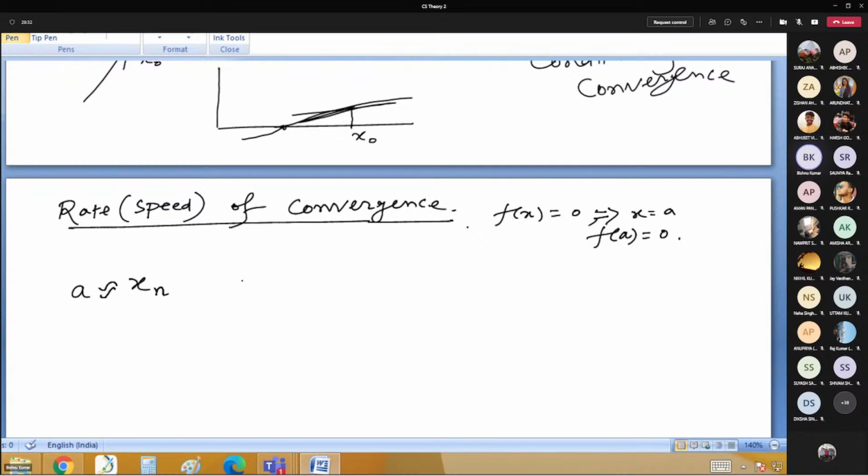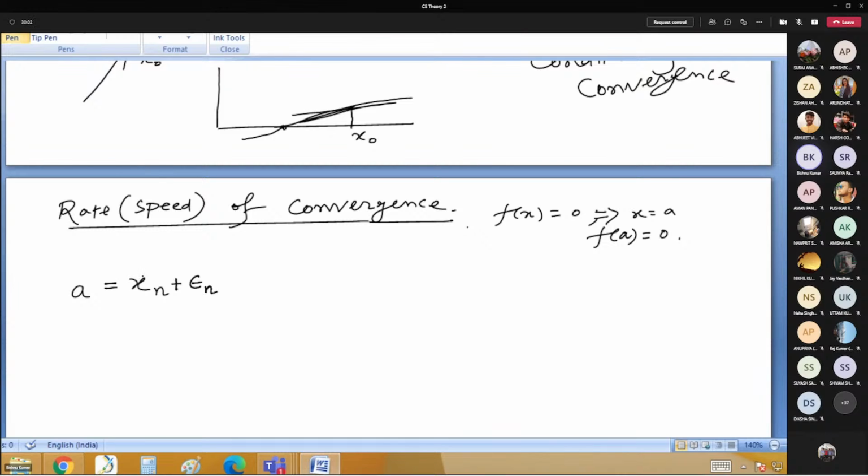So what is there in that iteration? Suppose you have some error. I am writing that error here as epsilon n, for the nth iteration.